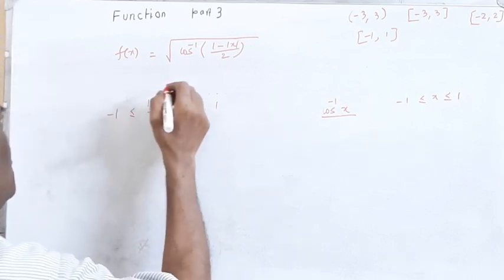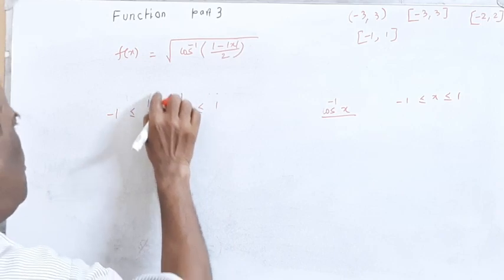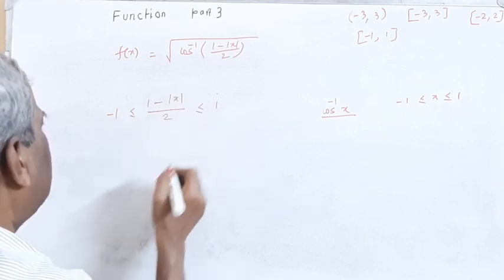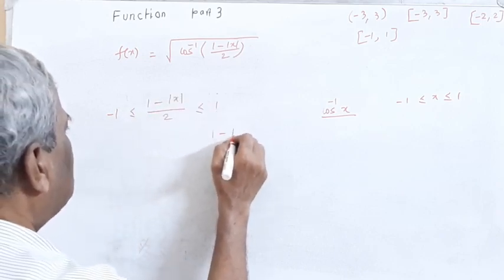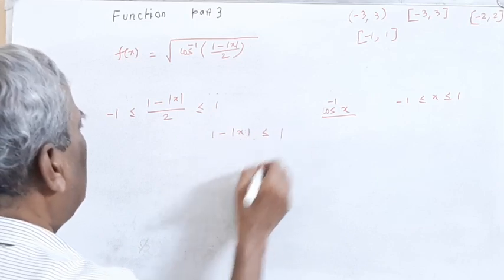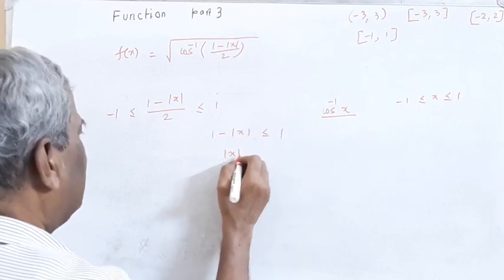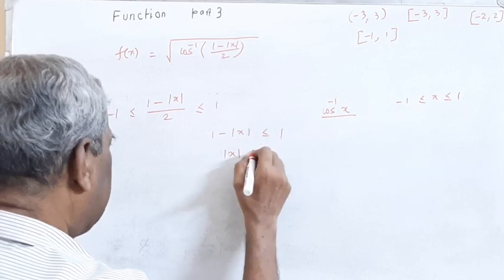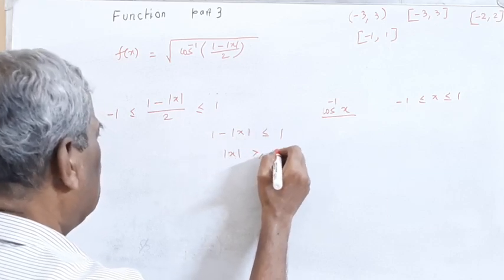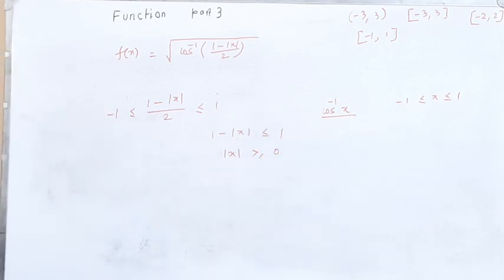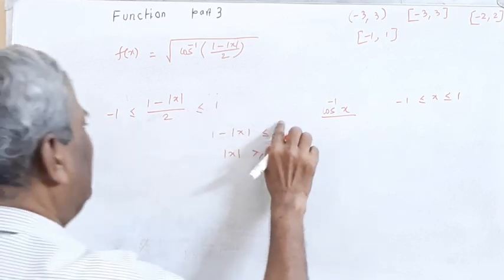And from there, the second part, we get 1 minus mod x is less than or equal to 1. That is, mod x is greater than or equal to 0. Oh, it is 2, sorry, very sorry.